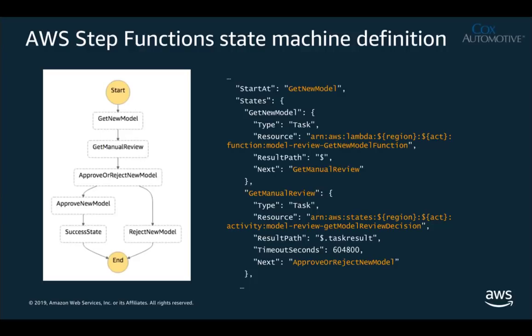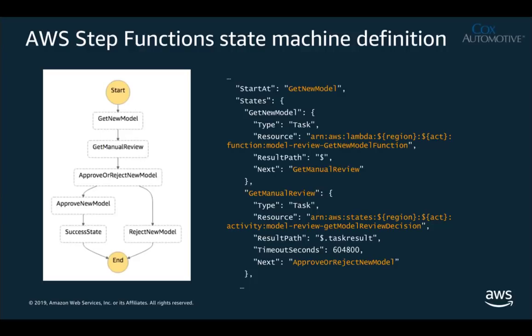Then we have another step to figure out whether the model was approved or rejected, so it's a choice, and that will be based obviously on which link the data scientist clicked on. If the model is rejected, then nothing happens anymore. If the model is approved, then the final Lambda function runs and deploys or copies the model to the production account.